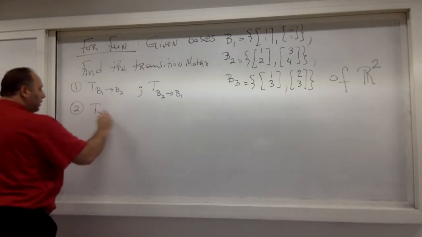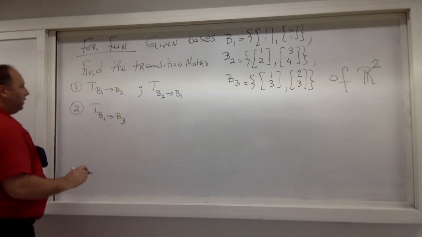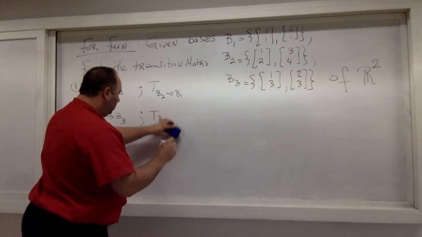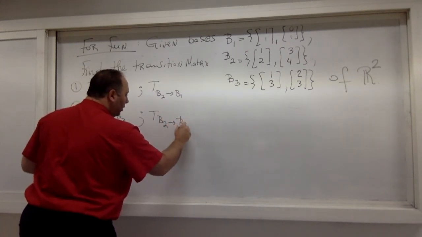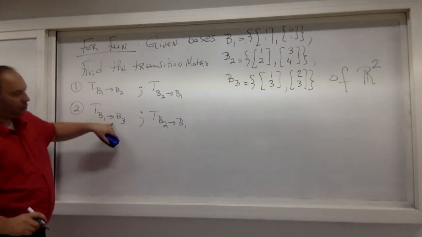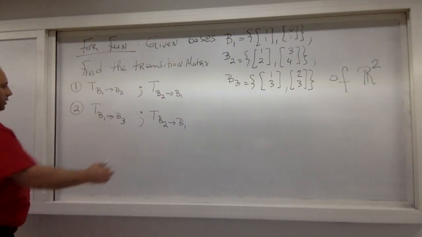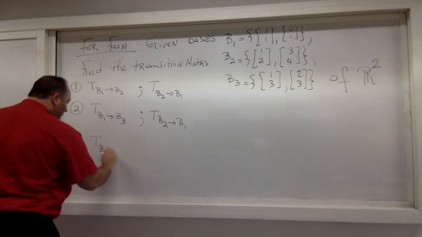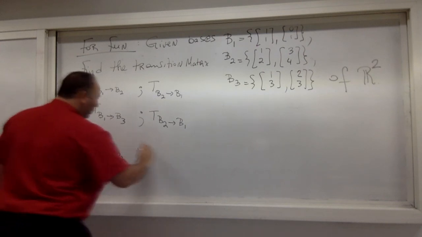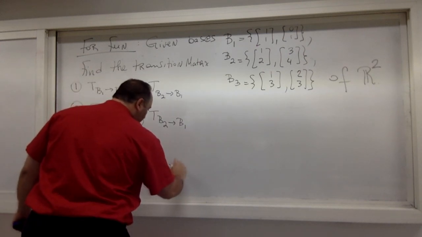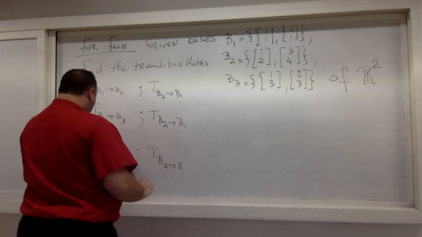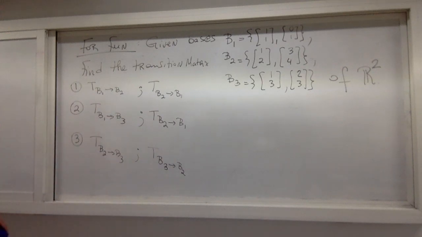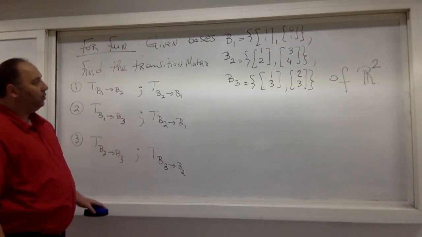That's long done. So going from B1 to B3, and after that you go back, from B3 to B1. Once you compute this, you compute the inverse and you get this one, no trouble. And the last one, go from B2 to B3, and once you do that, you can compute the inverse and go from B3 to B2. Excited? These things you can compute quite easily.